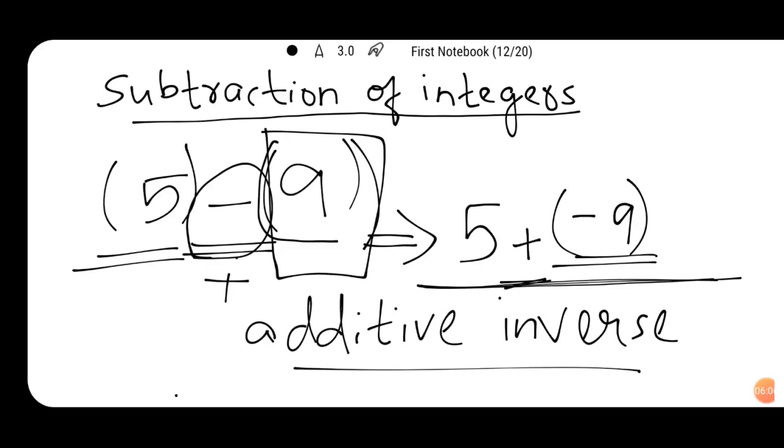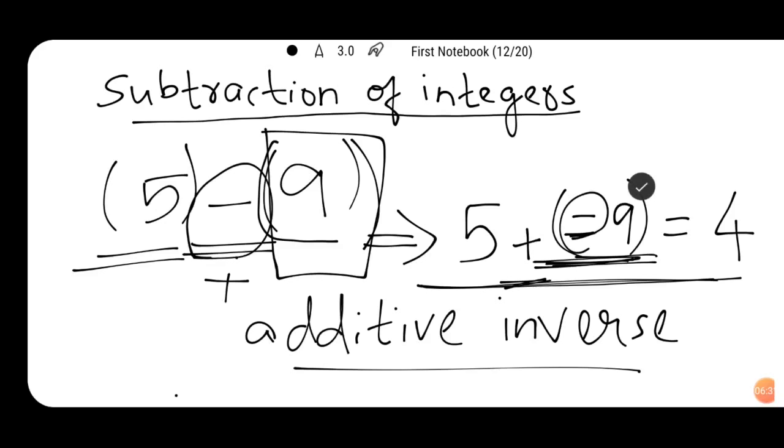In addition of integers, we have already said if one number is positive and the other number is negative, we will subtract. What is 9 minus 5? 9 minus 5 is 4. And we will give the sign of the bigger number. Here the bigger number is 9 and the sign is negative.